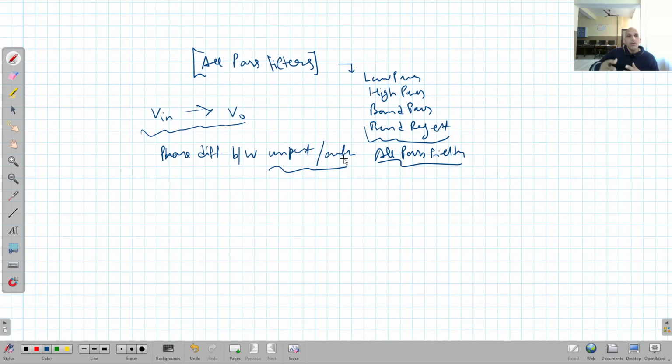So all pass filters are also called phase correctors. Or even in phase modulation, we can use this type of filter for inducing a phase difference between the input frequency and output frequency of a signal. So it has a wide range of applications in electronic applications.